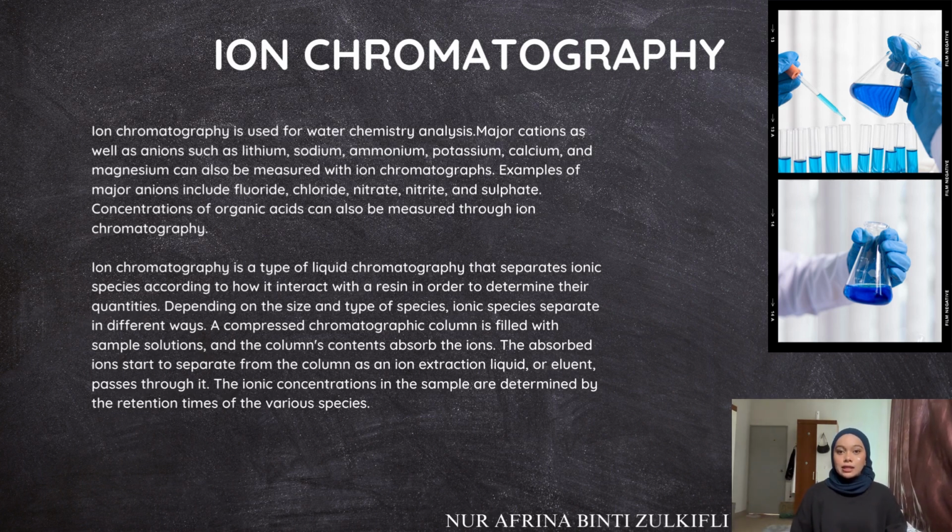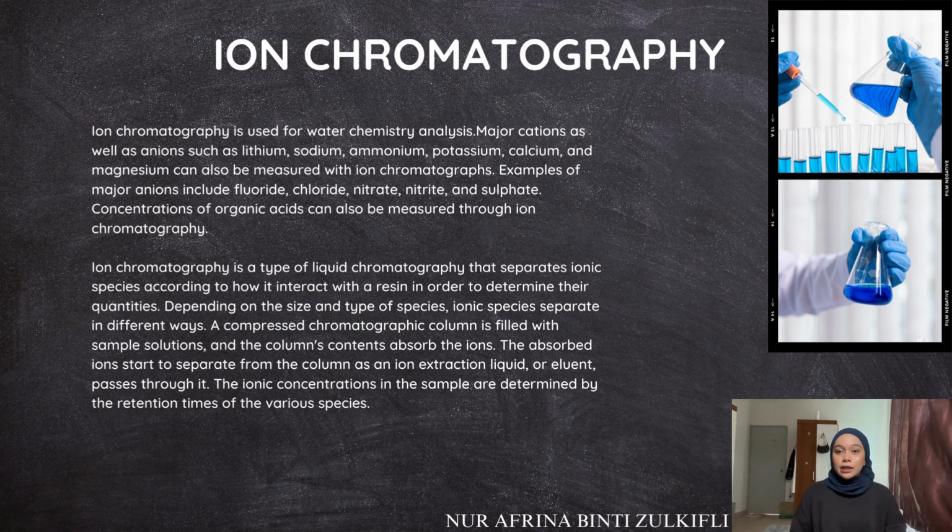Major cations as well as anions such as lithium, sodium, ammonium, potassium, calcium, and magnesium can be measured with ion chromatography. Examples of major anions include fluoride, chloride, nitrate, and sulfate. Concentrations of organic acids can also be measured through ion chromatography.